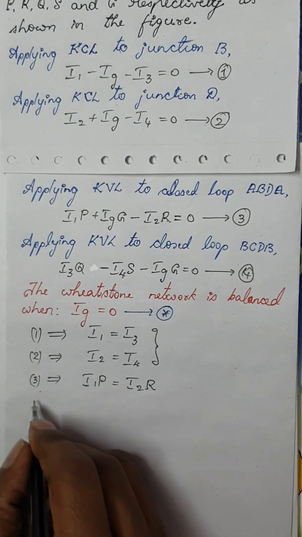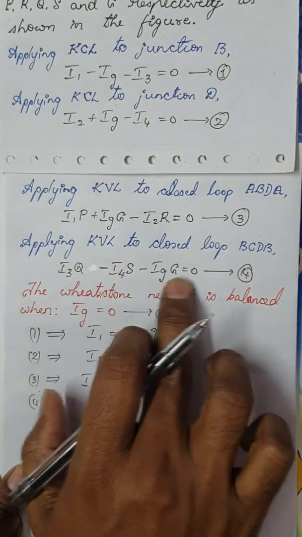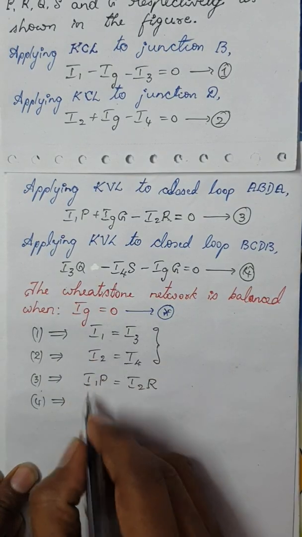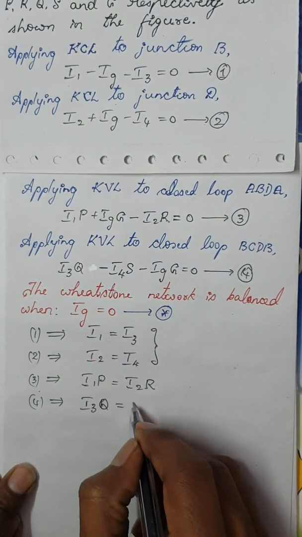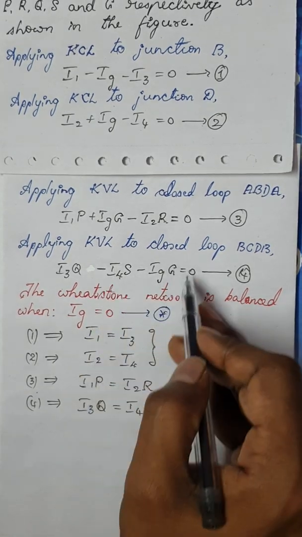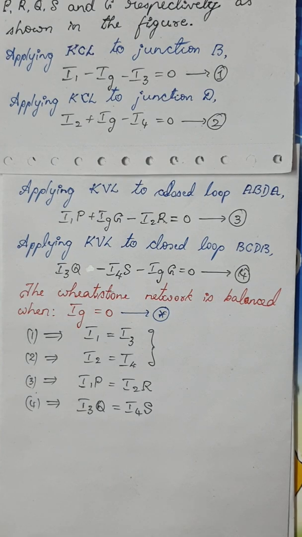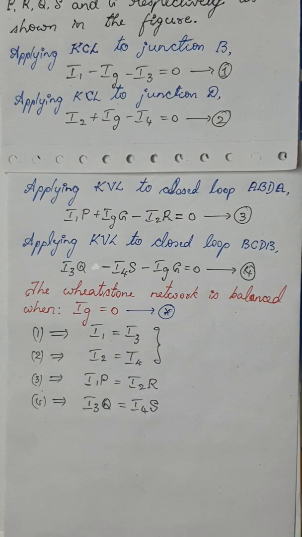Similarly from equation 4, since Ig is equal to 0, we'll get I3Q is equal to I4S, because I'm taking it to the right hand side. I'm directly writing this. Once this is clear, we don't have to worry much.